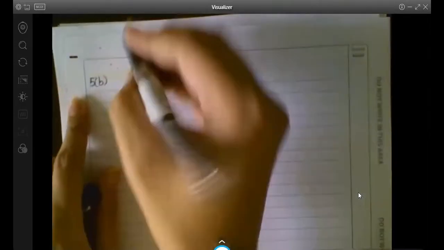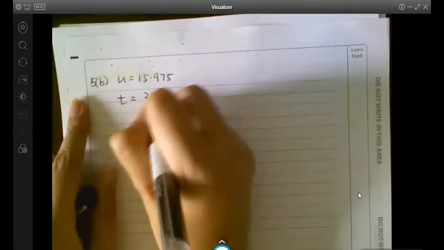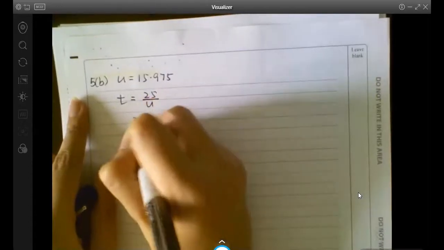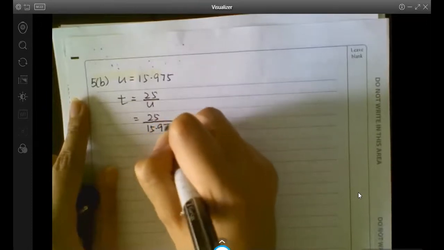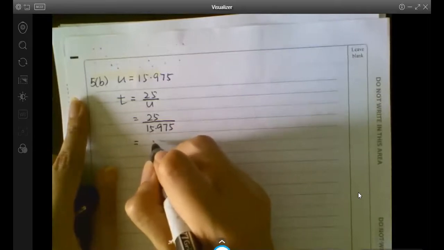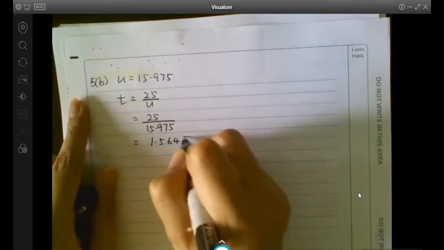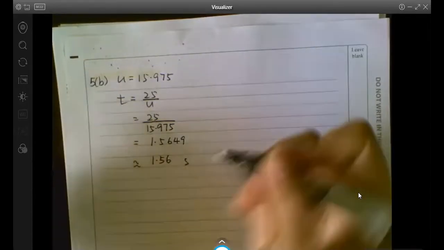Now that we have u, and we also know that t is 25 over u, we can easily find the t required in part B. Like this.